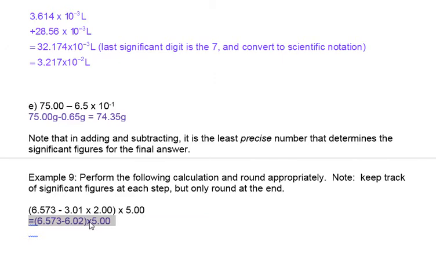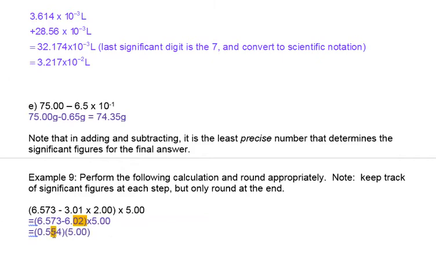So it's still 3 significant figures, and I didn't have to do any rounding, even if I was rounding on individual steps. Then we do the subtraction inside our brackets. So I've got 2 decimals and 3 decimals. When I do my subtraction, I'm going to round mentally, because I'm not rounding till the very end, to 2 decimals. You'll notice I'm highlighting the 5 because that's my last significant figure.